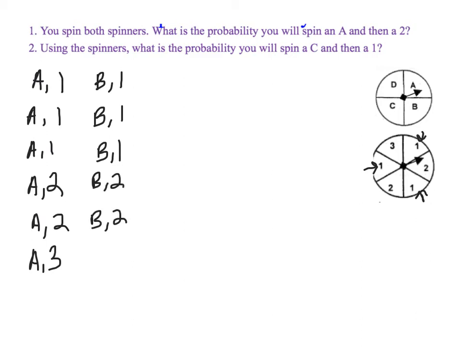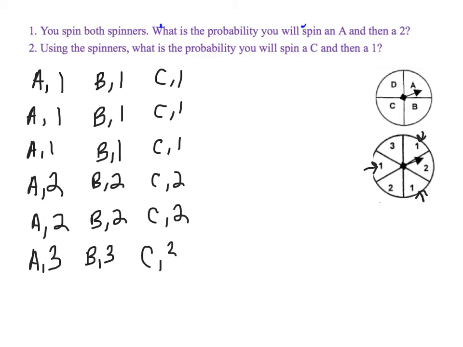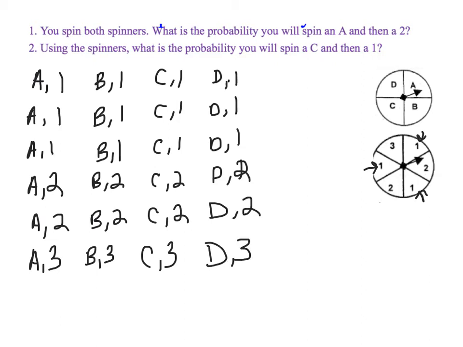Check and correct your sample space with what I have down now. And it's going to be the same for my C and D. So once you have all of these written out, we need to write the probability we're looking for.